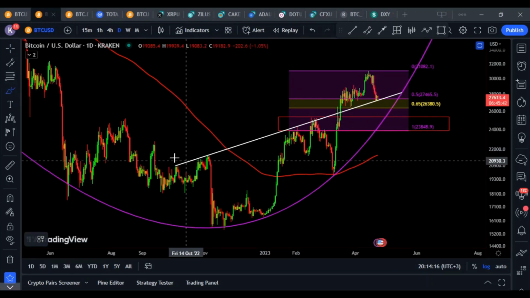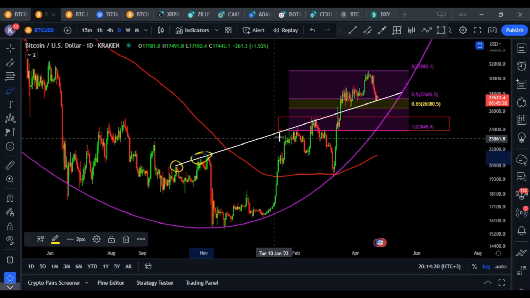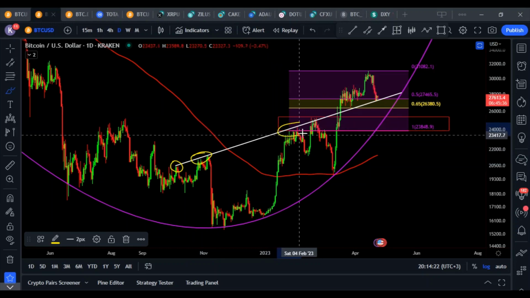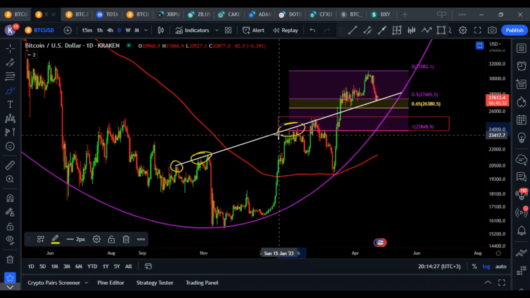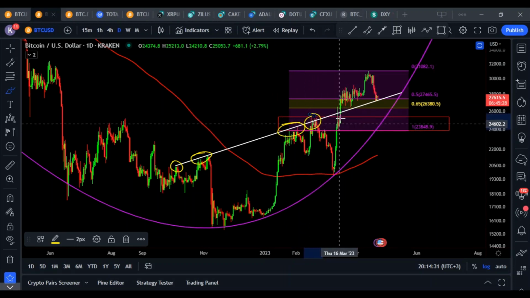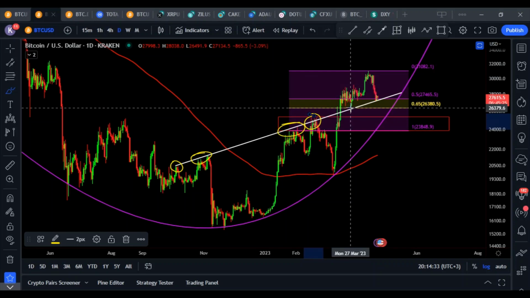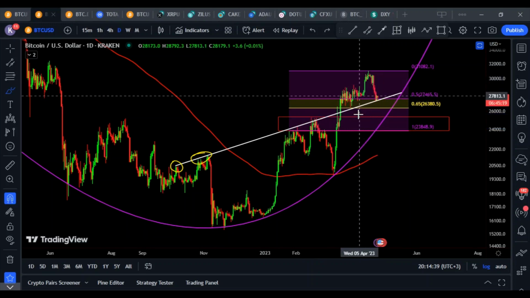If you notice this stop here, connecting it with these stops here, this line was acting as a resistance on this and this and here and even here. So it resisted us, until we broke to the upside, and then supported us here upon retest, and then we are right at it, retesting it currently.